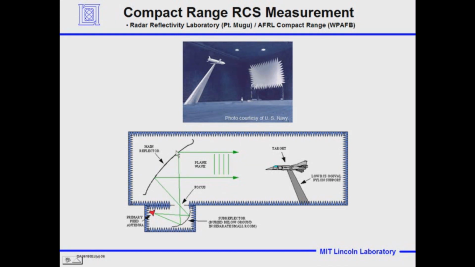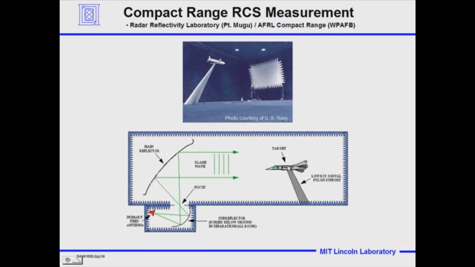And then the energy goes up to a main reflector, and the shaping of the main reflector is such that the electromagnetic energy that's sent out is a plane wave, going out and hitting the target.